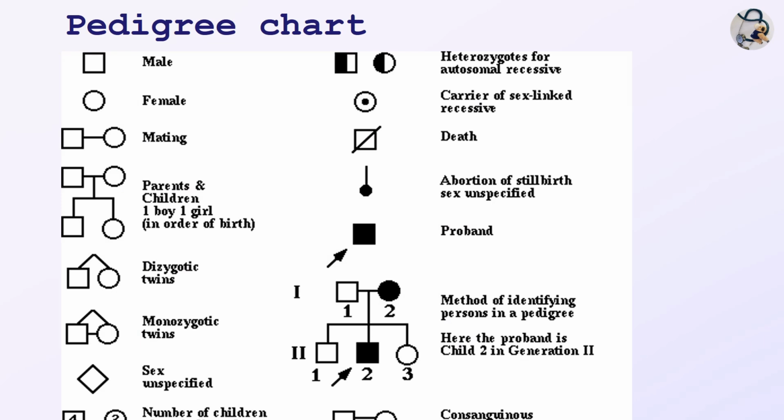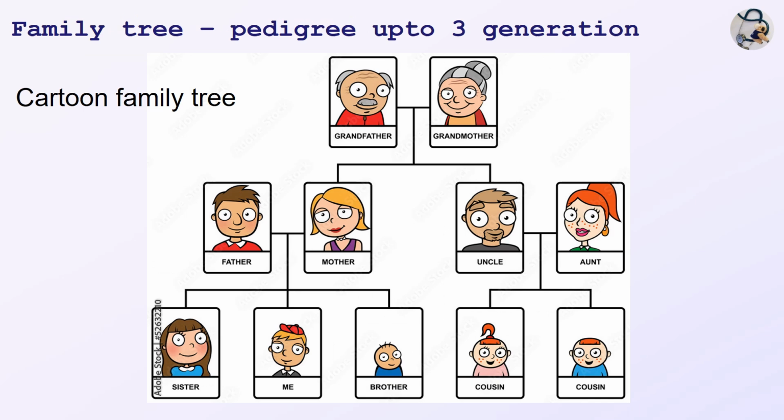So when you make a pedigree chart, these are the different symbols you can use for male, female, mating, for consanguineous marriage, for carrier, female carriers, male carriers, and there are symbols for twins, monozygotic twins, dizygotic twins, and if the sex is unspecified there is a different sign. So these signs you can follow. This is just an example of a family tree in a cartoon form I am showing.